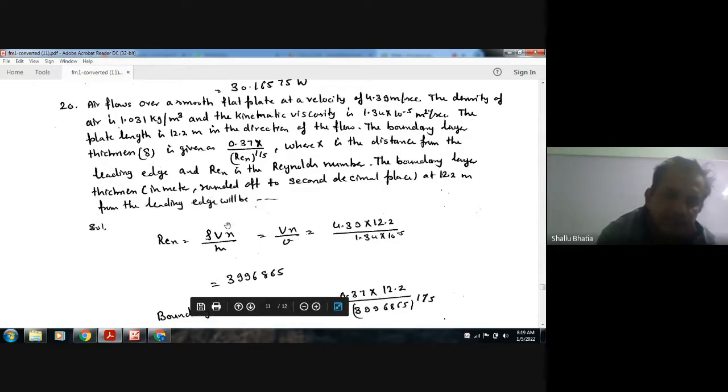Rex is equal to rho V x by mu, that is the Reynolds number. Now the boundary layer thickness is 0.37x divided by Rex to the power 1 by 5.